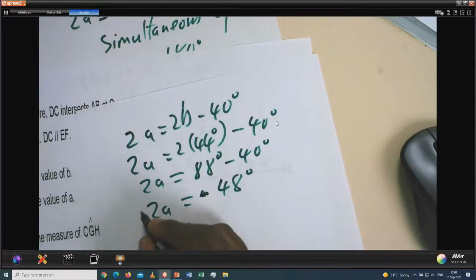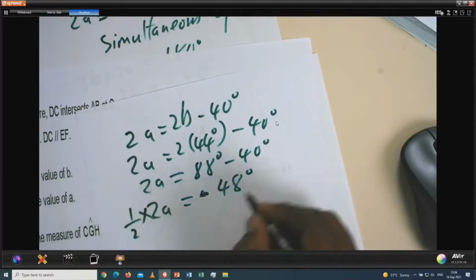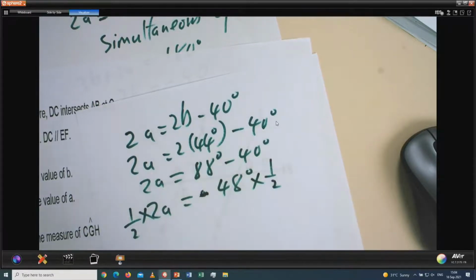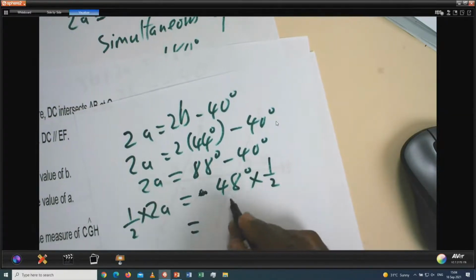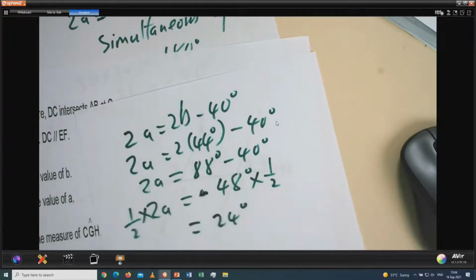Again, we are interested in a, therefore we multiply with the inverse. We have been doing this inverse over and over again. Therefore, your a is equal to 24 degrees.